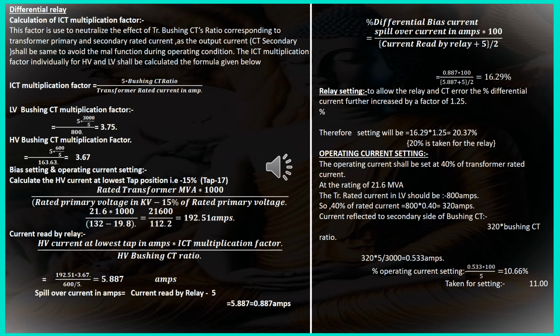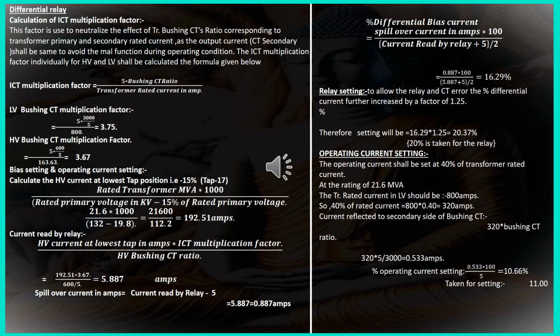So this is the system to set the relay. But again I am telling, this is the first time it will be done by the company. Our failure can come, so supervisor and engineer must be aware of the polarity of the bushing CT and the tap position, everything.